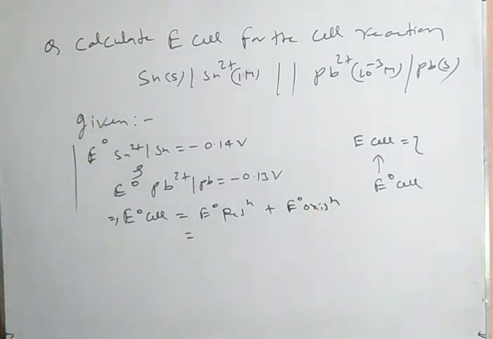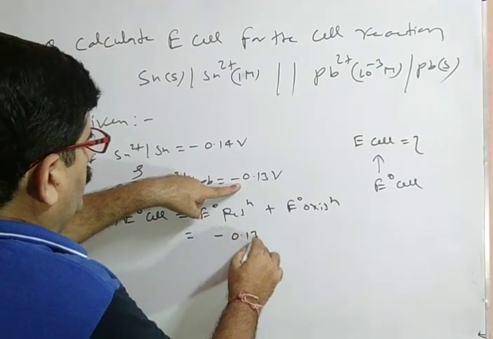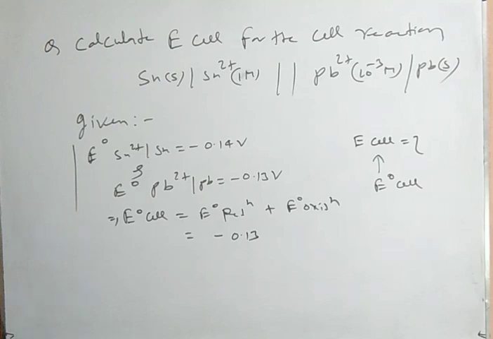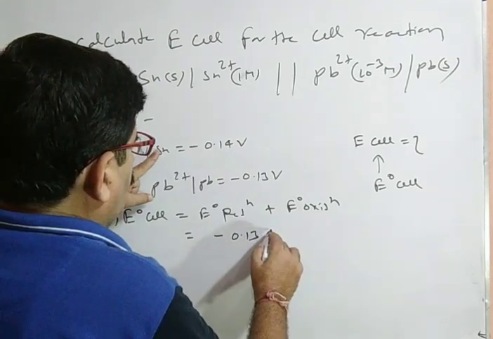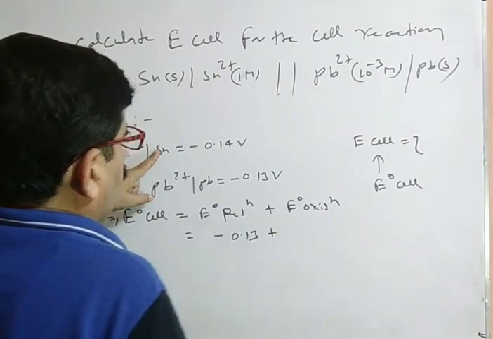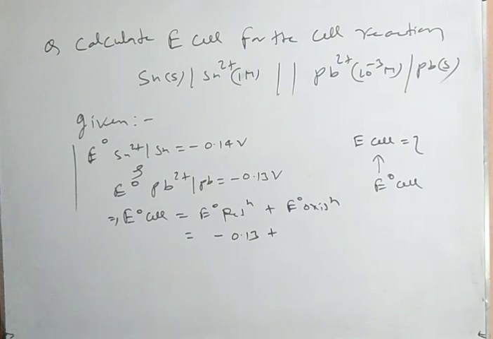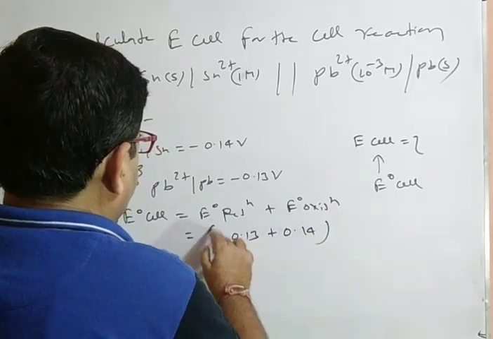E naught reduction is minus 0.13, plus E naught oxidation. Here the reduction couple is given, so the sign convention of oxidation potential is just the reverse of the reduction potential, plus 0.14 volt.